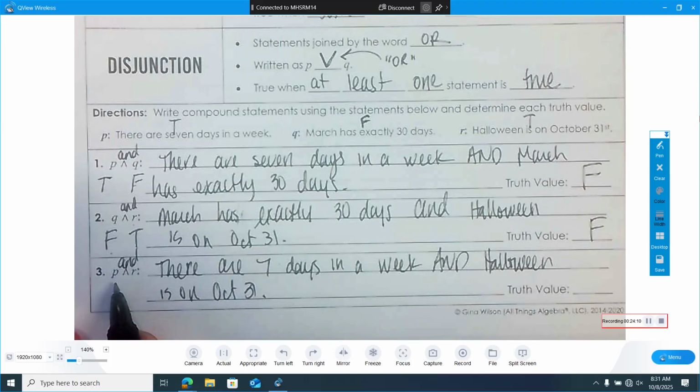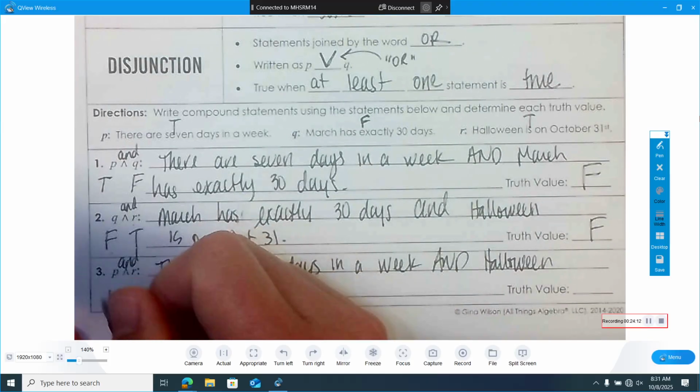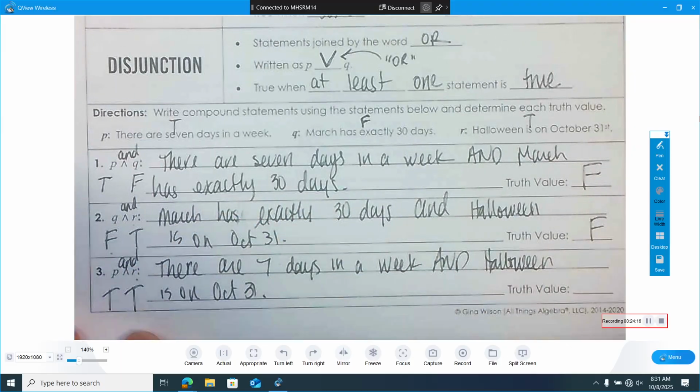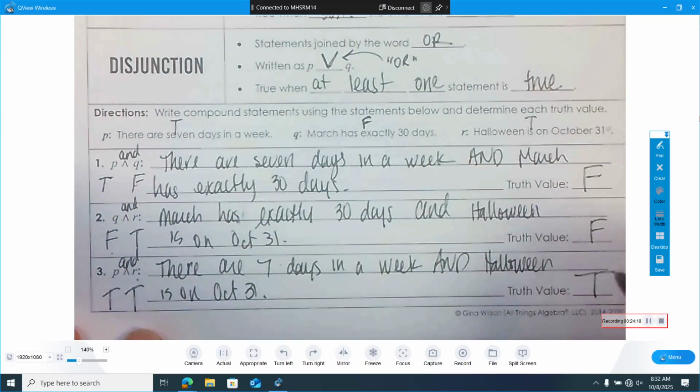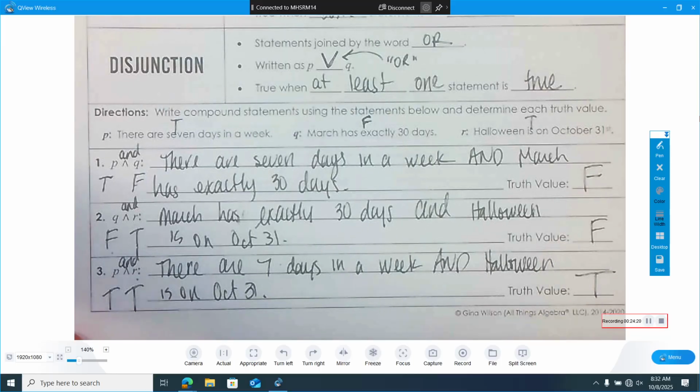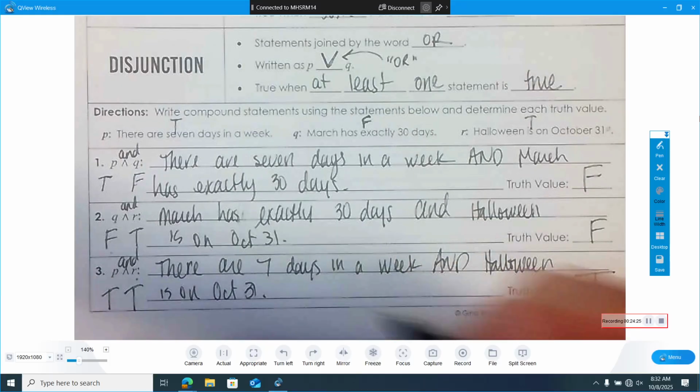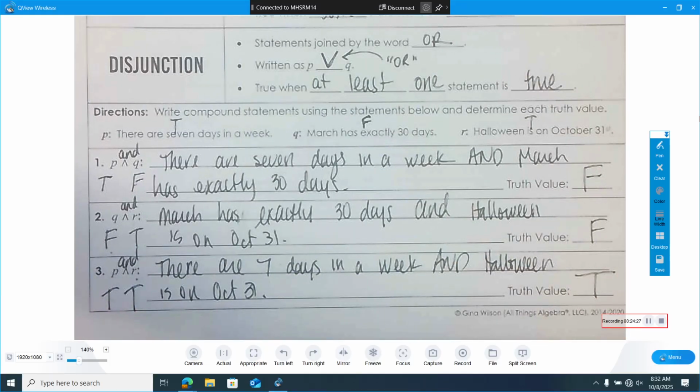Is P a true statement? Is R a true statement? Yes. Is the conjunction a true statement? Yes. Again, because both things are true is the only time we are going to get a true value out on our conjunction. Okay. Questions on that? All right.